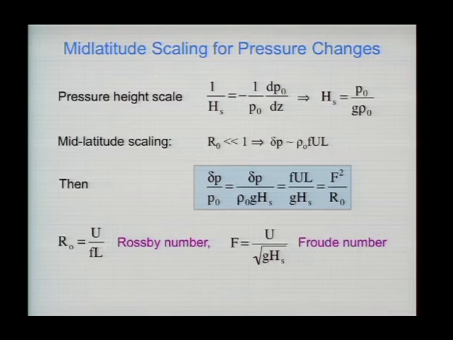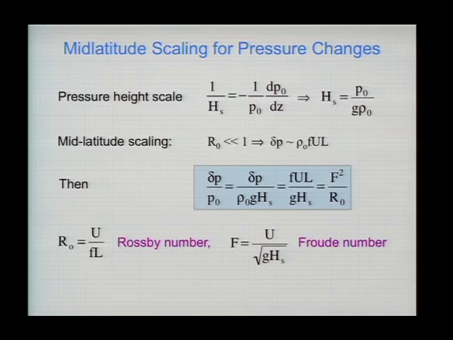Do some algebra, and that works out to be big F squared divided by Ro. Ro is the Rossby number, and F is the Froude number. It's a new non-dimensional number. There are dozens of non-dimensional numbers. There are two principal non-dimensional numbers that we're going to use in this lecture: the Rossby number, which tells us something about the rotation rate, and the Froude number.